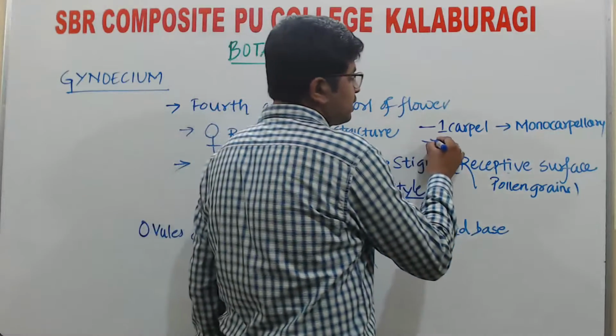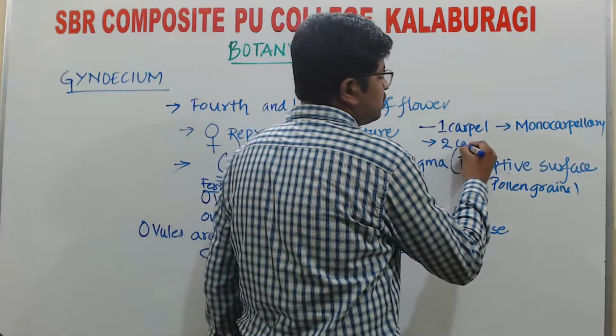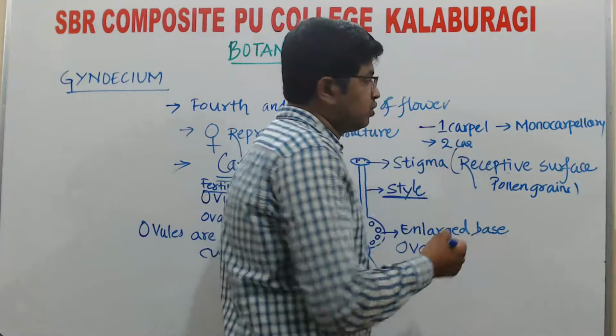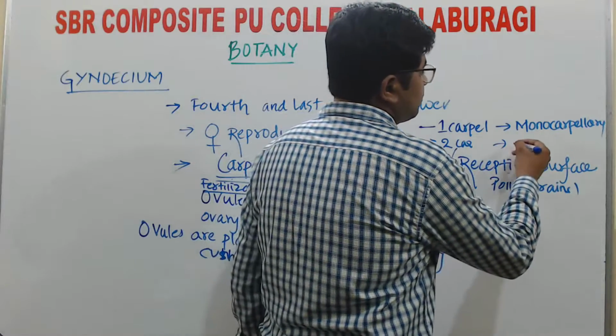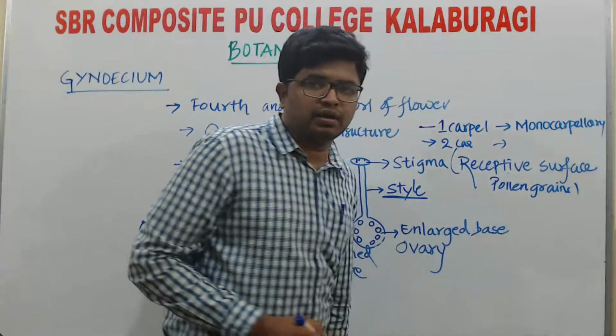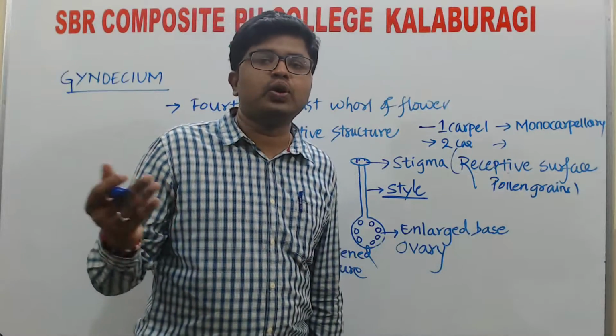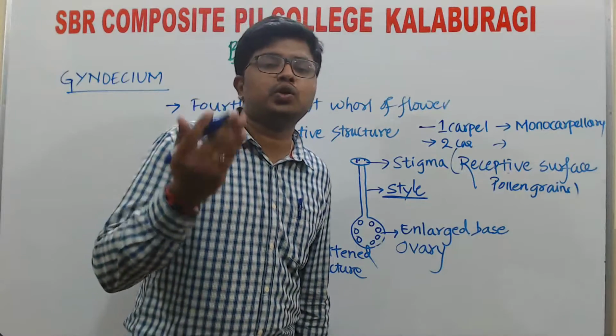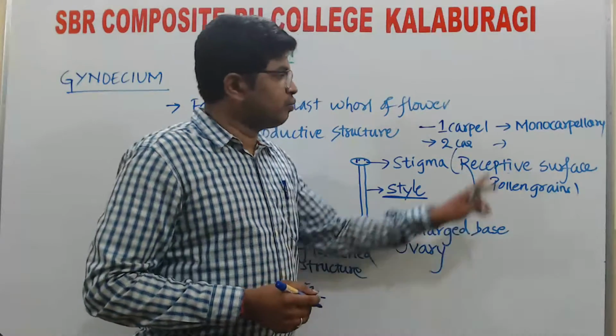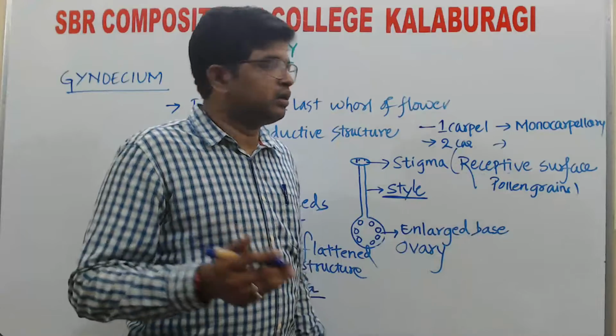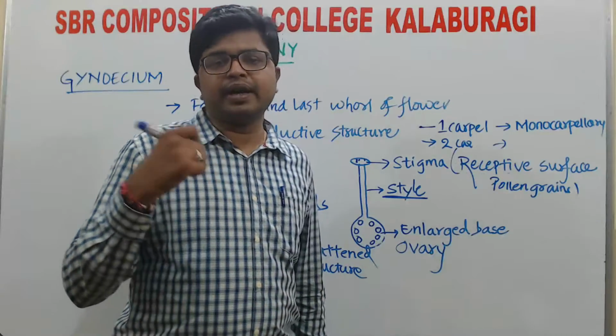When the carpels are two or more than two, you call it multicarpellary or polycarpellary, meaning you have more than two carpels. Mono means one, poly means many. Now remember this, monocarpellary and polycarpellary.